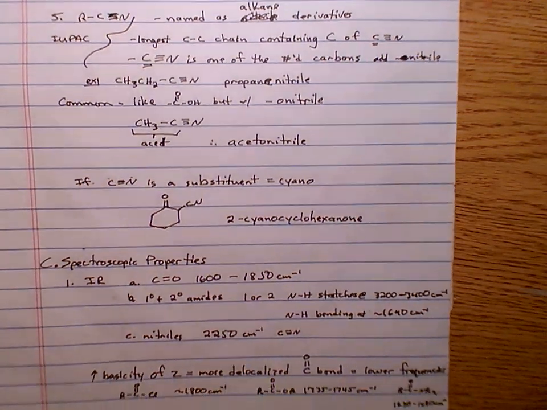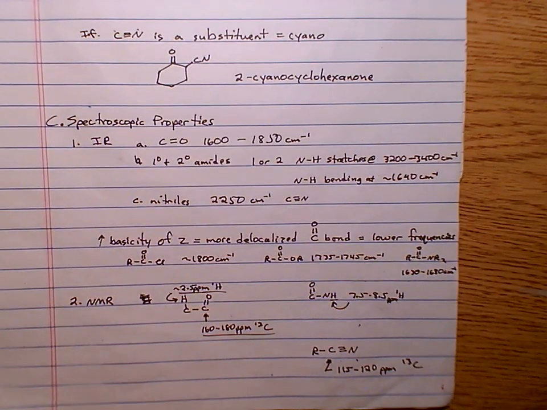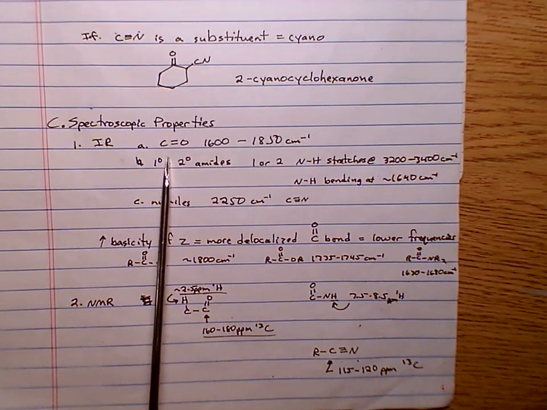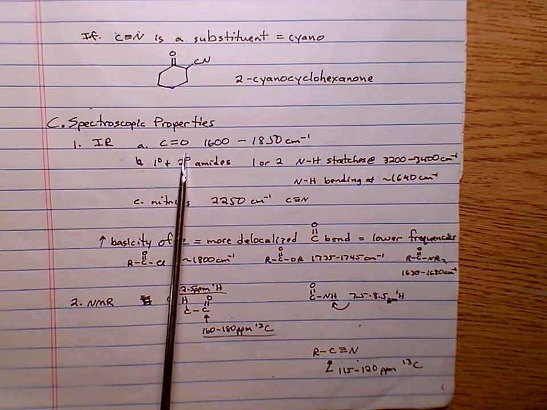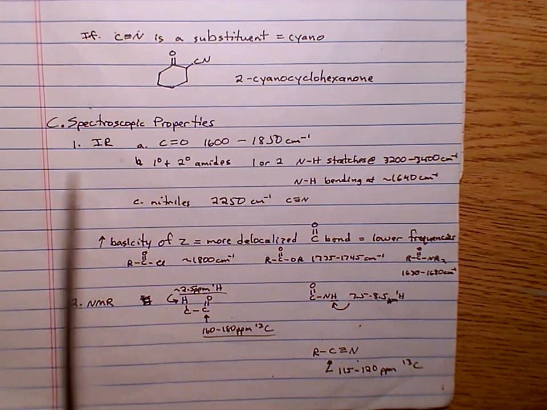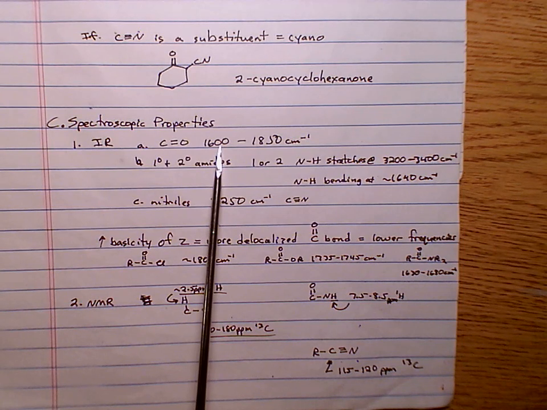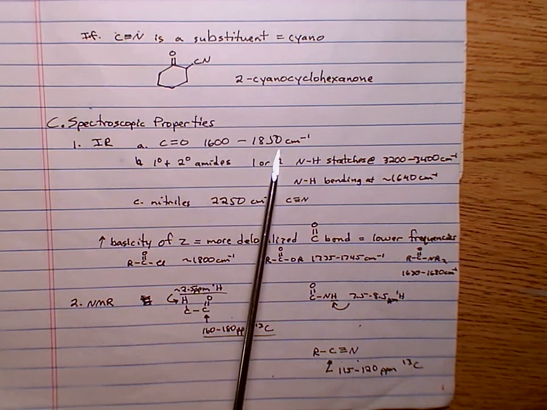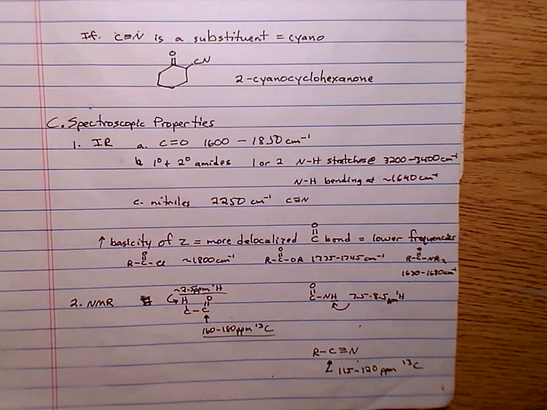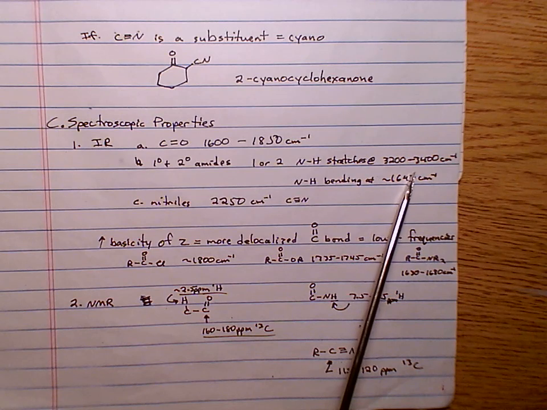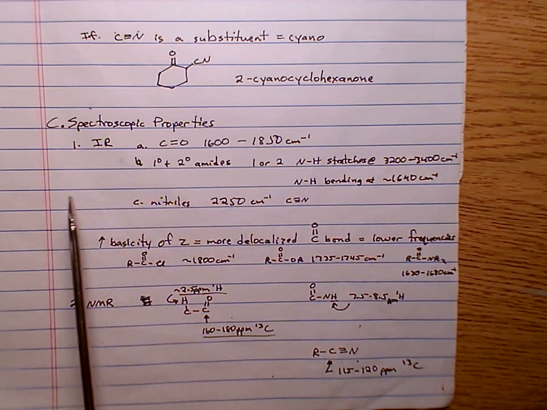All right. And just quickly, some spectroscopic properties. Recall carbonyls have a big carbon double bond oxygen stretch, usually 1650 to 1850 wave numbers. I haven't seen very many below 1650. Amides, we've got our NH stretches at 3200 to 3400 wave numbers.